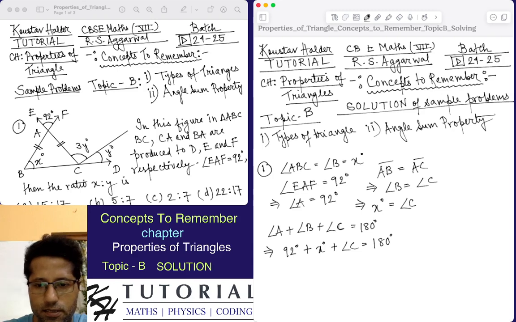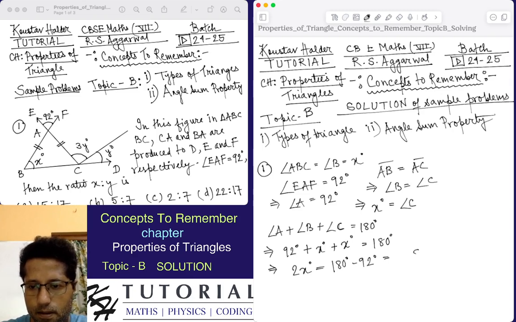Now we have already found angle C is equal to x degree. So we can write here x degree. So this implies 2x degree equals 180 degree minus 92 degree.